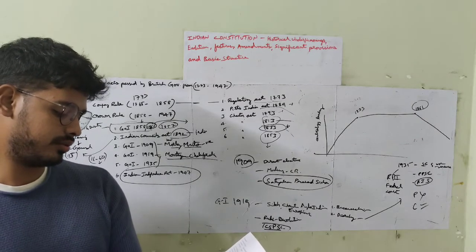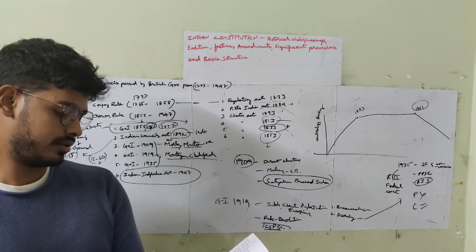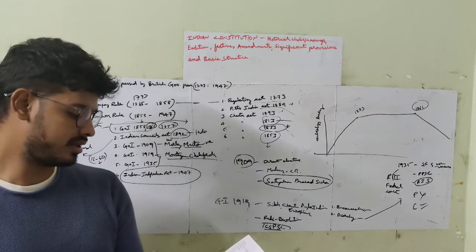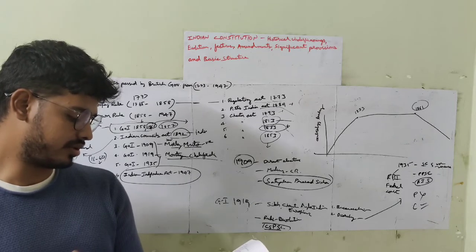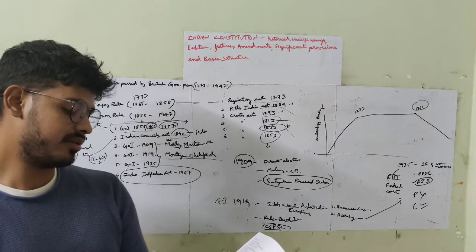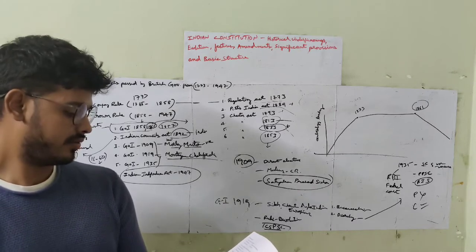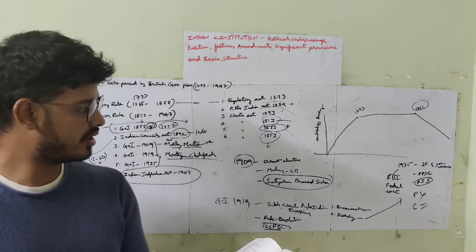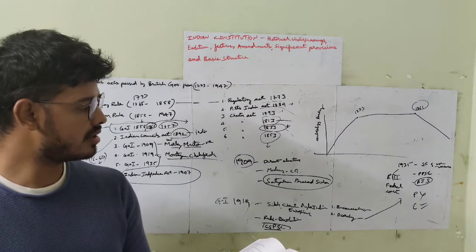So A is 3, B is 2. So C will be the 16th answer, or if I am wrong, it is B. Federal scheme of the government was established, federal courts were established, right?